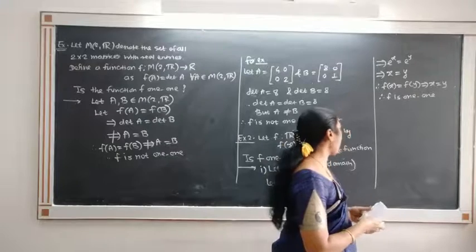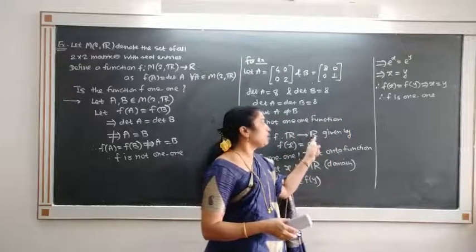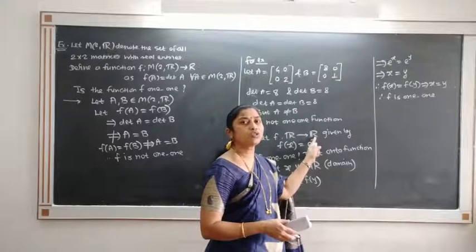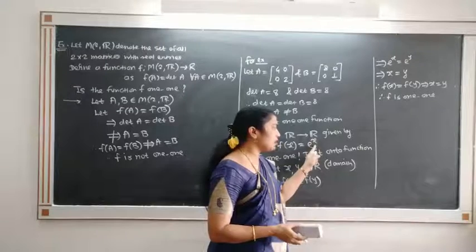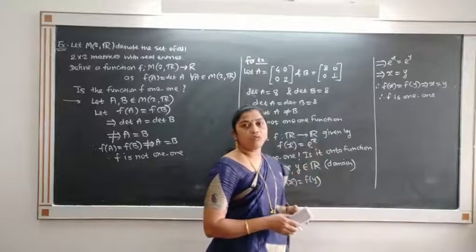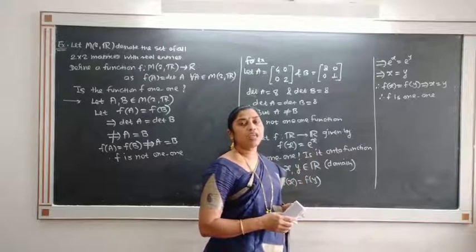Now check whether f is onto. We will claim that the element 0 in codomain has no pre-image. Or in other words, you know that f of x is equal to e raised to x.